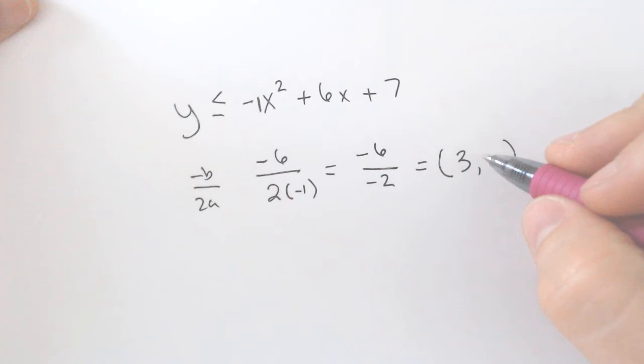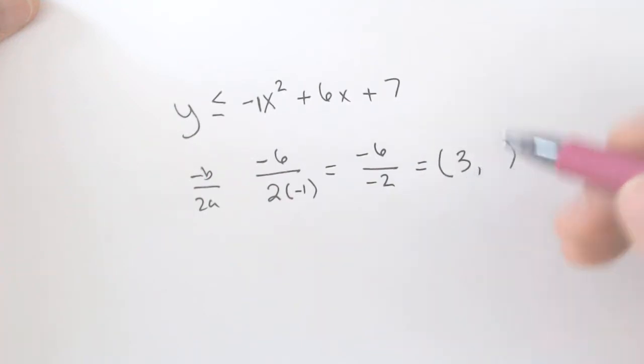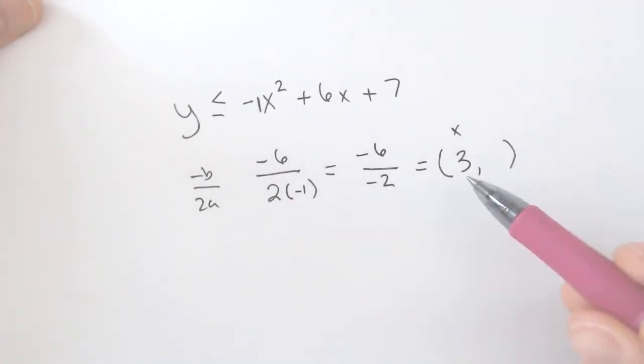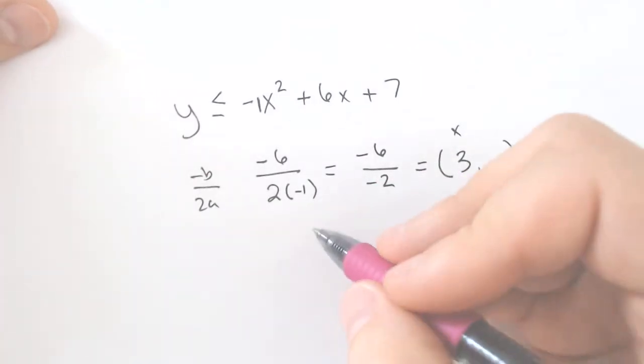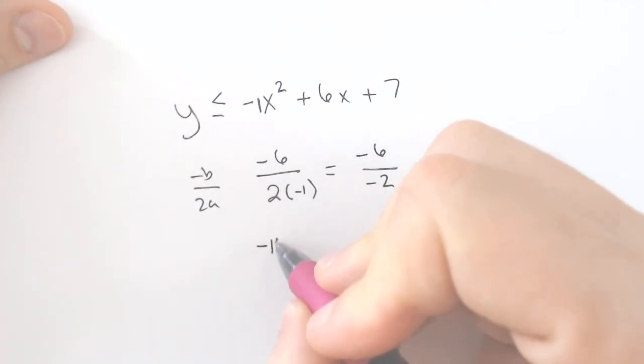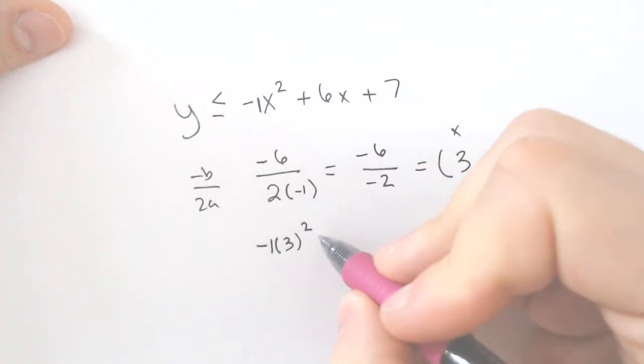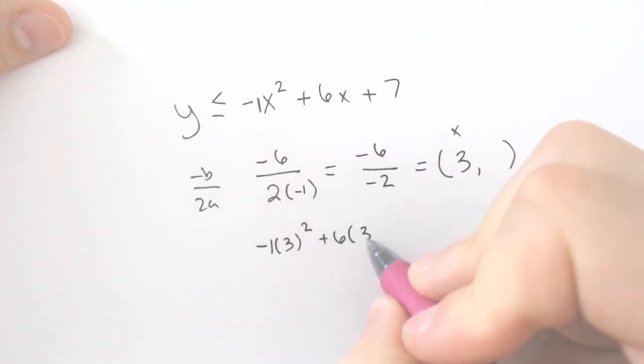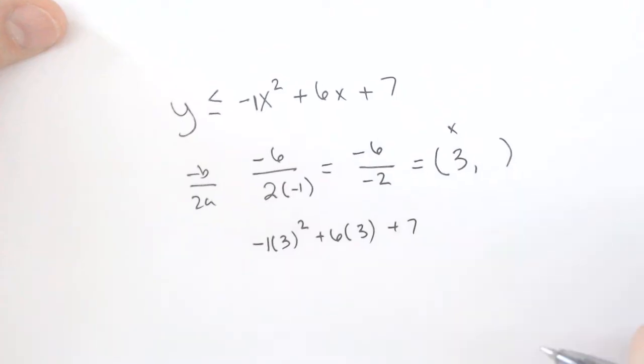And from here, you would take that x value, which is the x value of the vertex, and plug it in. We would end up with negative 1 times 3 squared plus 6 times 3 plus 7.